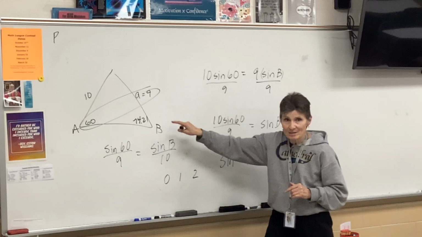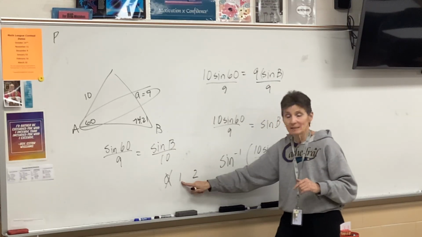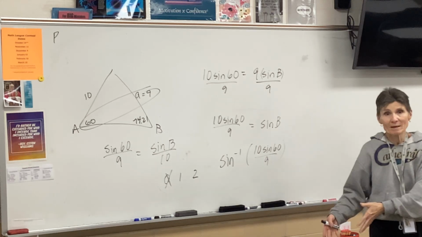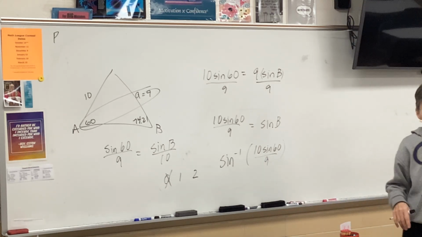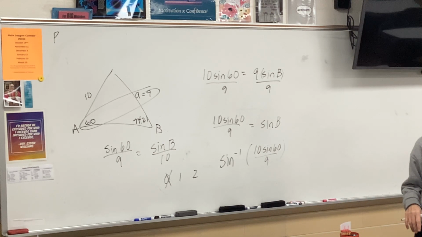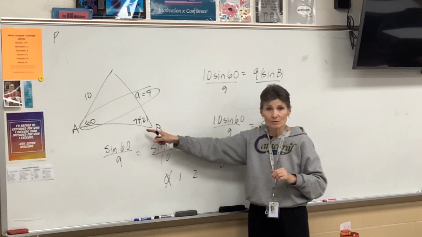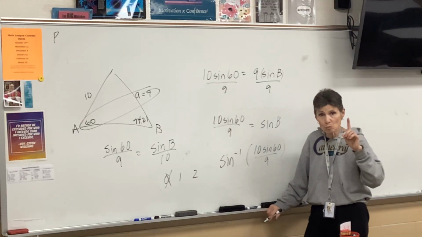Since you got an answer, you know you have at least one. Remember, the problems that have no answer, what happens on my calculator? I type it all in and I get error. That means no triangles. When you type it all in and you get an answer, that means you're going to have at least one triangle.